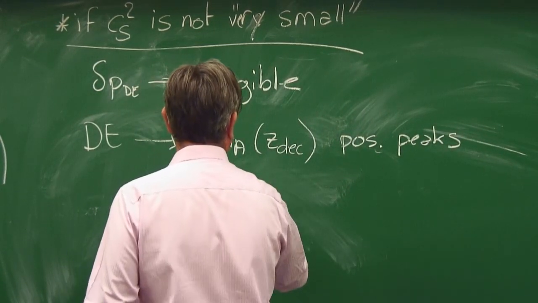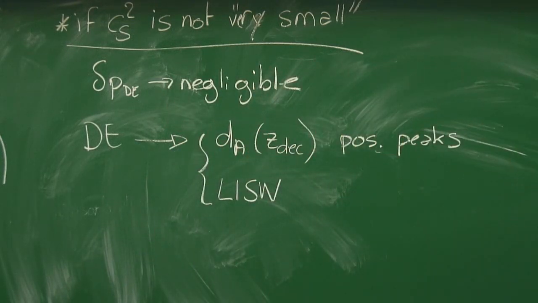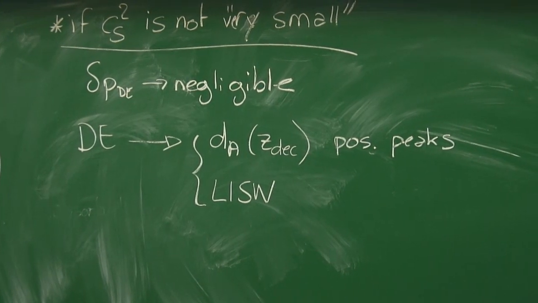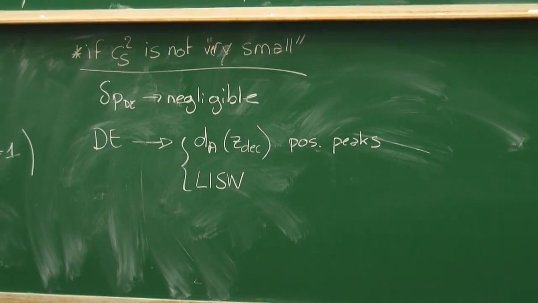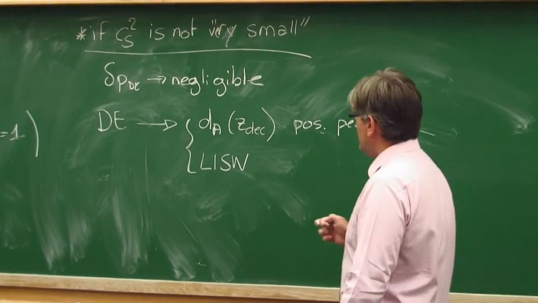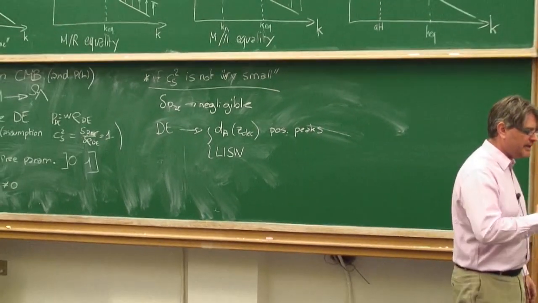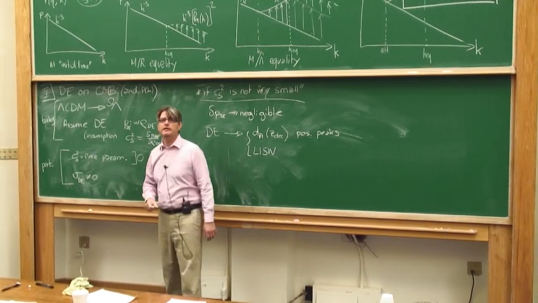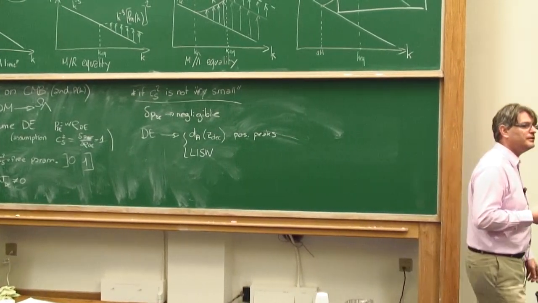Moreover, you affect the late integrated Sachs-Wolfe effect. But these two things are not very convenient. The late integrated Sachs-Wolfe effect is partially masked by cosmic variance. And modifications of the angular diameter distance are anyway degenerate with modifications of omega of dark energy today, or the effect of curvature if there is spatial curvature.